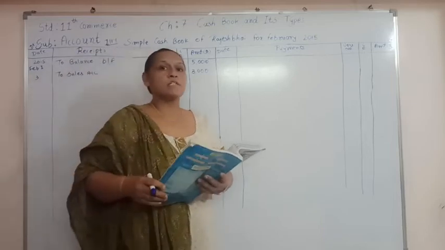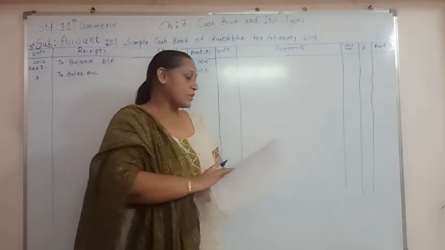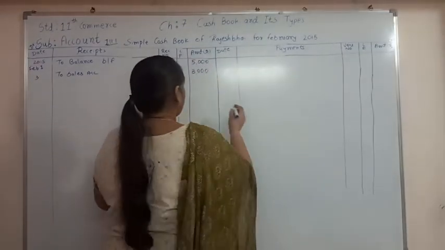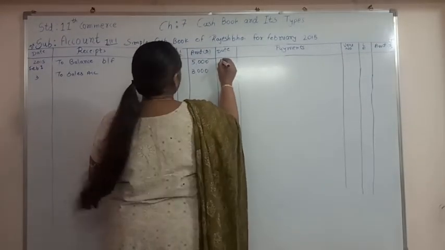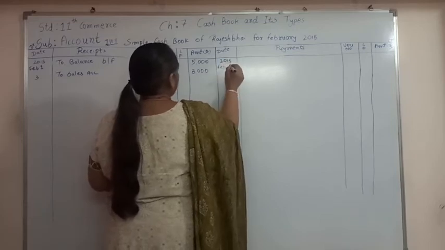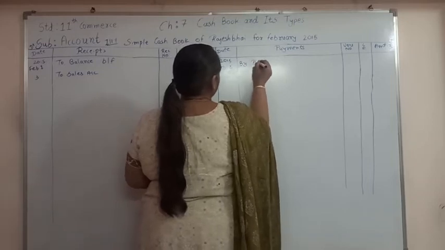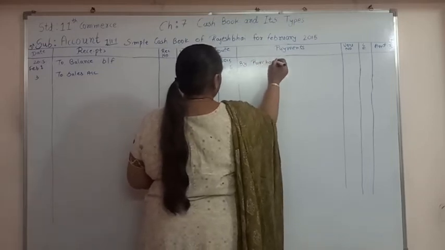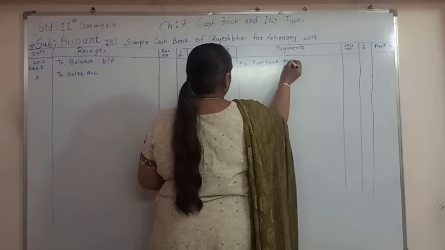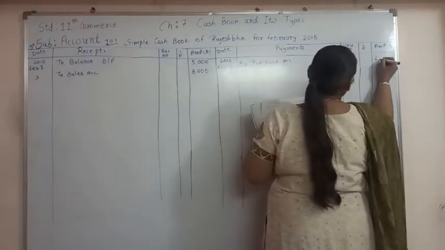When we are purchasing goods we are paying cash, so we write on the credit side, on 2015 February 5, by purchase account, and that will be rupees 2,000.